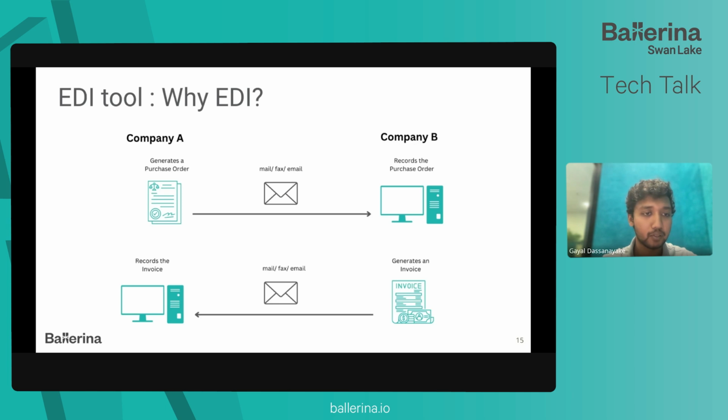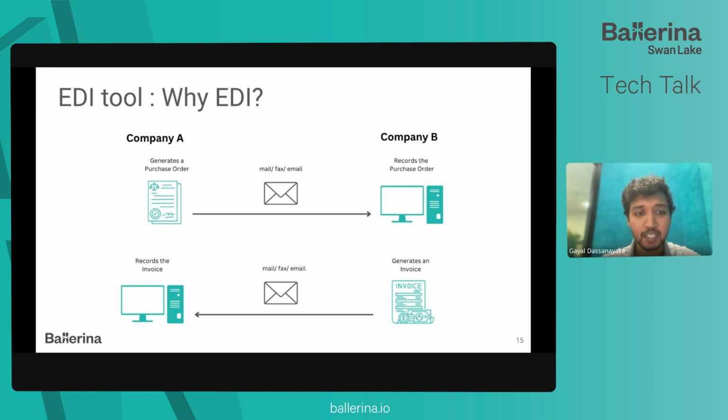For that, I'm going to go through a simple example where company A wants to purchase a set of items from company B. What can usually happen is company A will generate a purchase order, and some person from company A will either mail or fax or perhaps email that purchase order to company B, and someone from company B will get that purchase order and enter the data into their system, and they'll generate an invoice, and that generated invoice will be sent again back to company A using email, fax, or traditional postal mail, and then that will be recorded in company A's internal system.